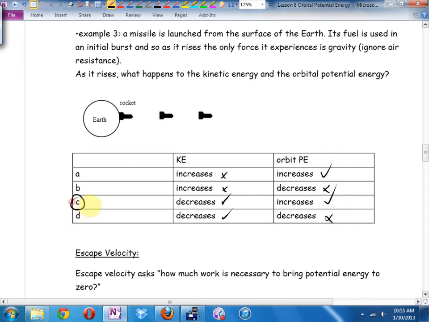C. In fact, what's happening is if you, on the Earth, were able to fire your rocket and instantly get to speed and then shut off your engine, all of your kinetic would slowly turn into potential. In fact, if you knew how much kinetic energy you had, you could even figure out how high you could get. And this leads to the next question. How much kinetic energy would you need?